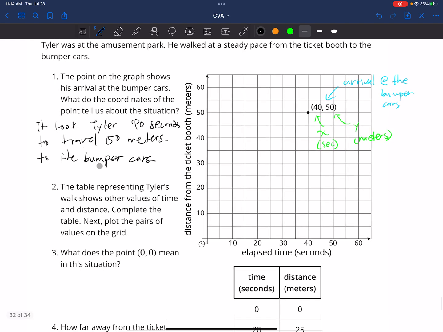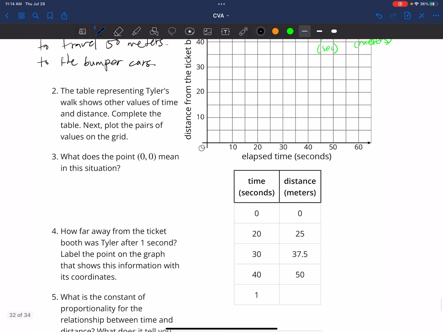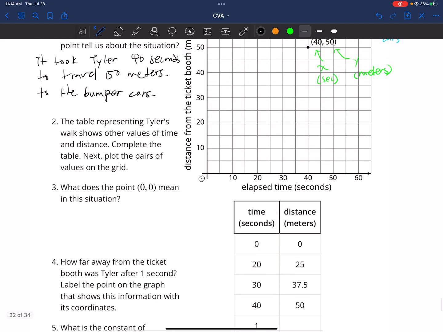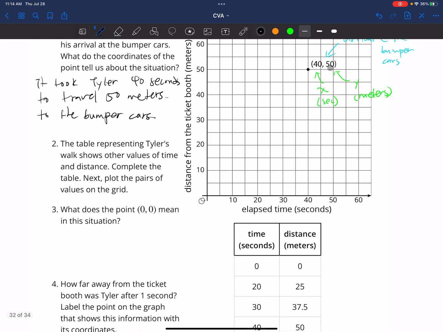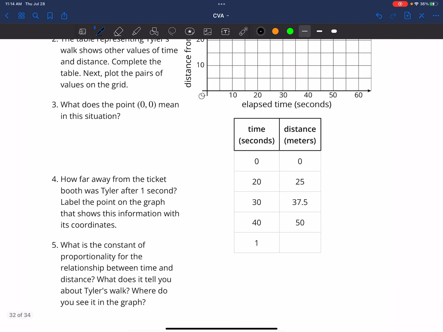Okay. So the table representing Tyler's walk. Complete the table. So we're given this, right? I'm just gonna work with this one because I like it. So it's gonna be 50 over 40, 50 meters per 40 seconds.